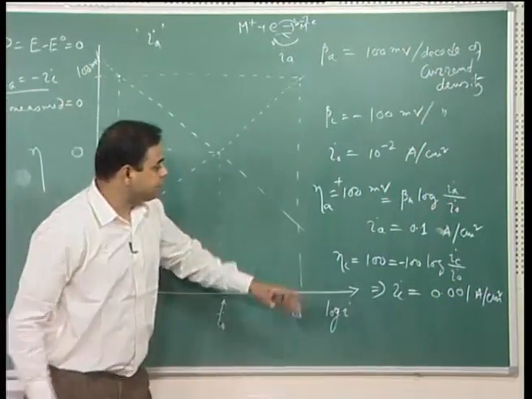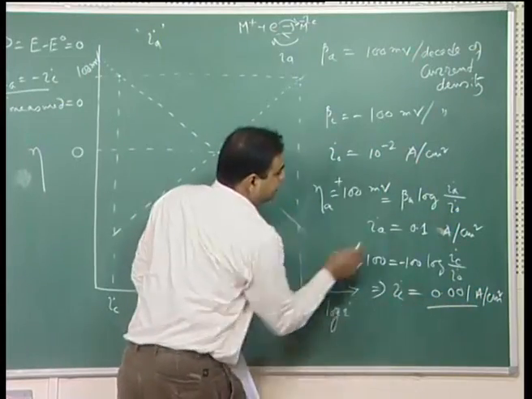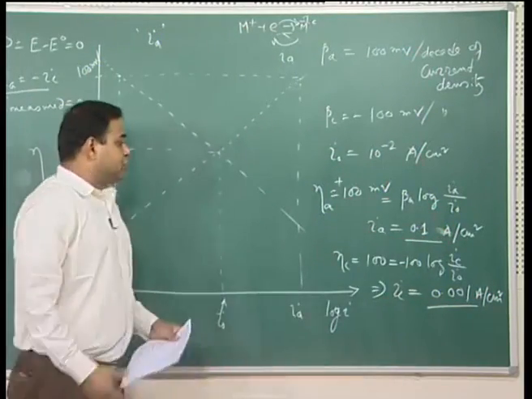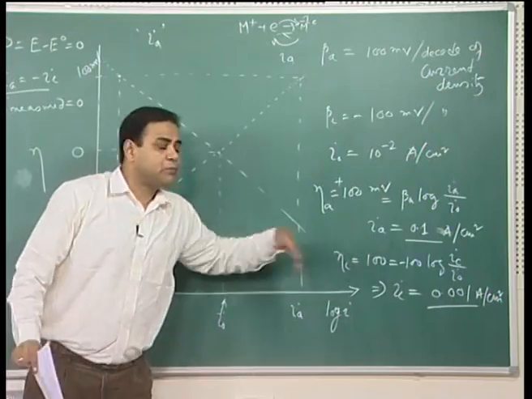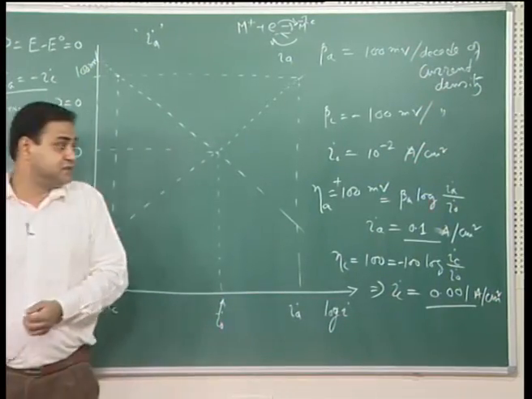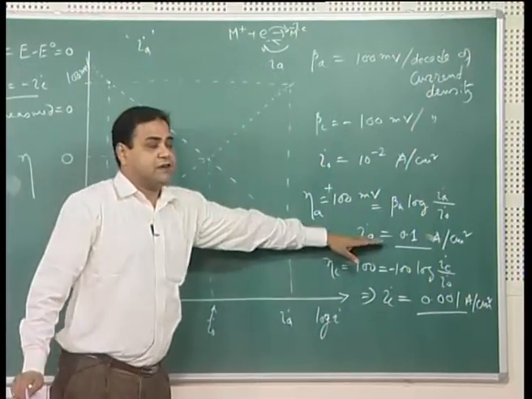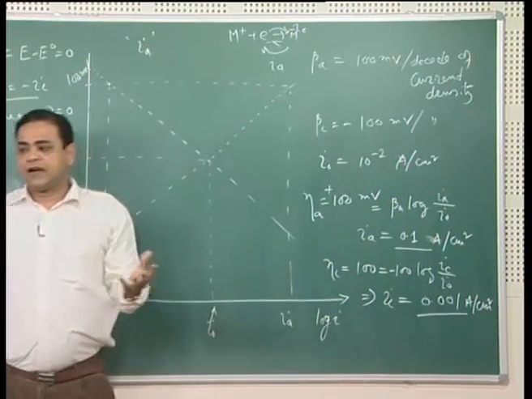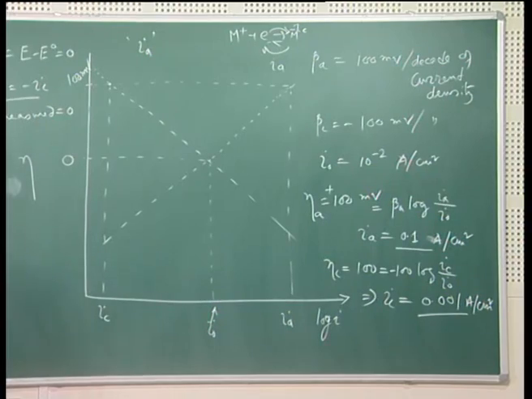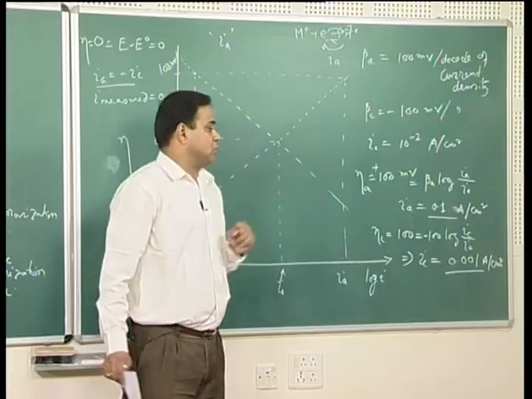Now, if you compare these two currents, or rather current densities, the anodic process is very, very large, and that means that the cathodic process is very, very slow.